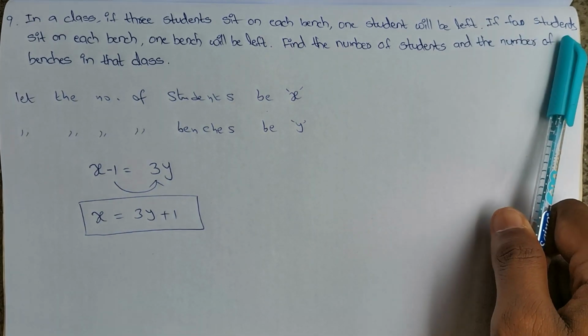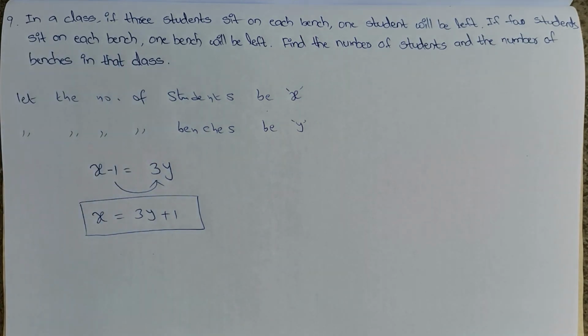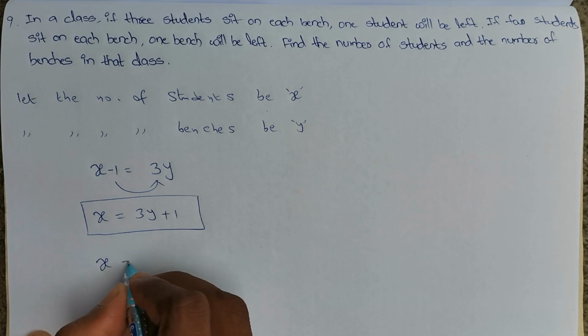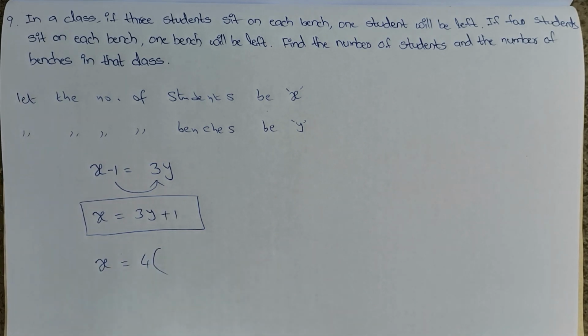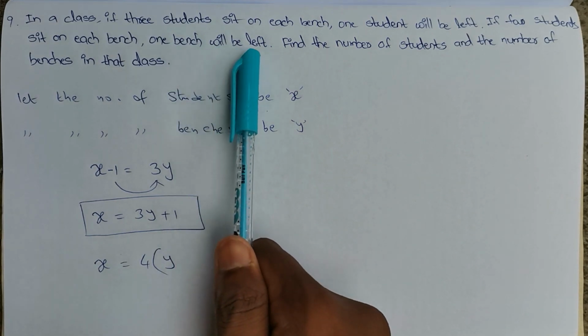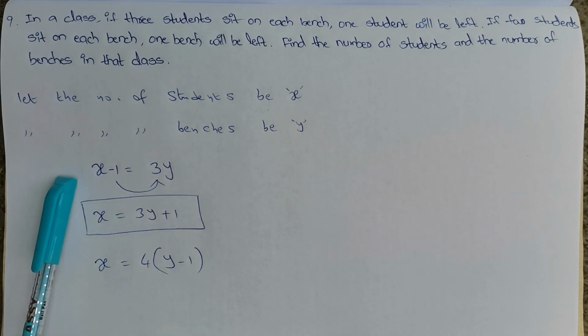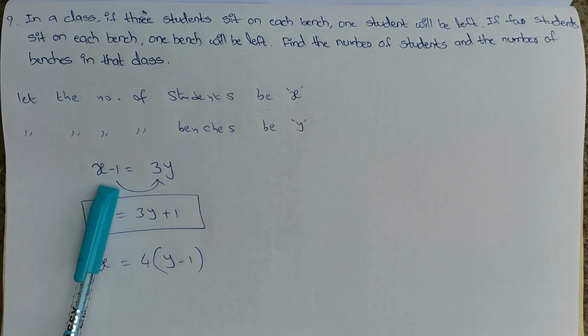Next, the second condition. If 4 students are sitting on each bench, students equals 4 into y, and one bench is left, so here minus 1. Observe the difference clearly. Here one student is left, that's why x minus 1.